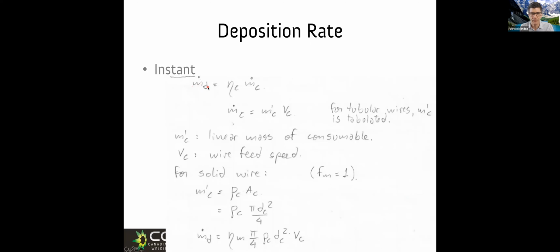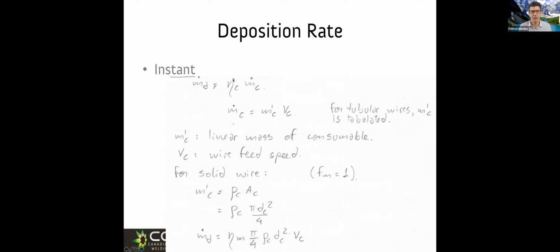And for D, I'm using this for the deposit, for the molten metal that is deposited. And the subscript C, we're using here for consumable. So it says, how much mass have I put in my weld, in my deposit, is the same mass as I have burned from the consumable times a consumable efficiency.